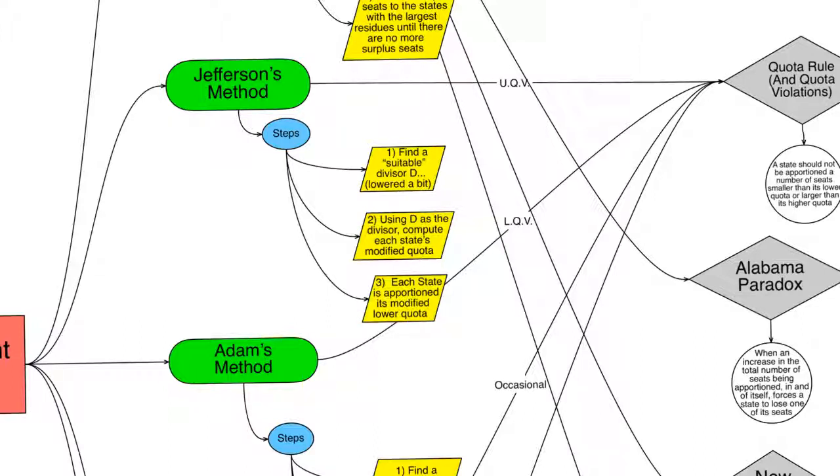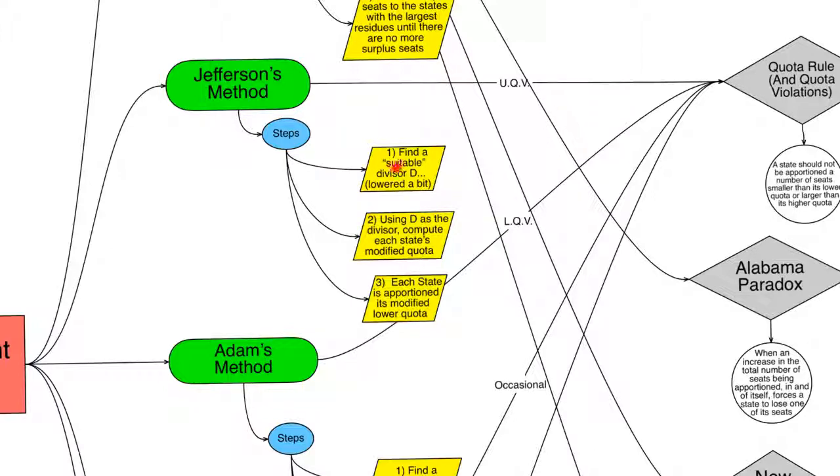So once again, you are finding a suitable divisor D. In this case, you're lowering it. And what that does is that bumps up the standard quota a little bit. It makes it a little bit higher. And at that point, you round down in the same way that you would do with Hamilton's method to the lower quota. And each state is apportioned its lower quota.